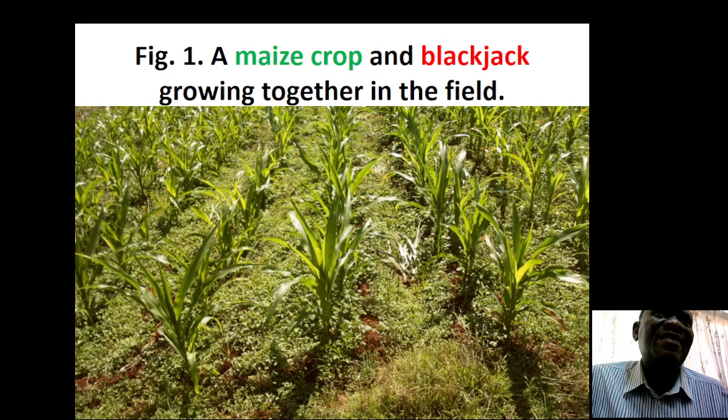Here we have got a slide showing us a maize crop with the weeds. This is specifically blackjack, which is infesting the maize field.